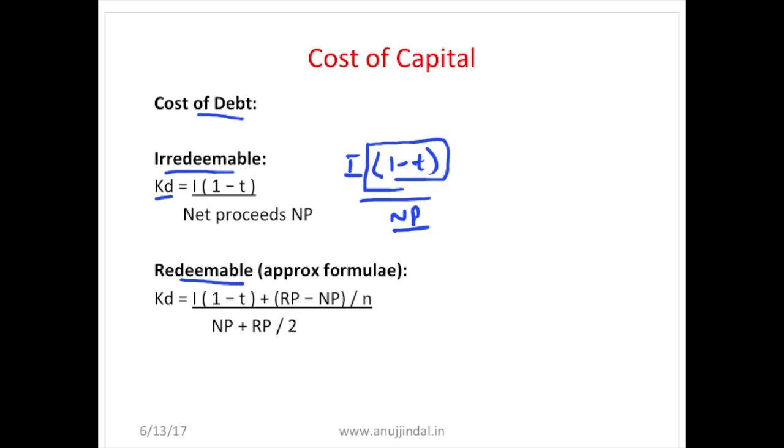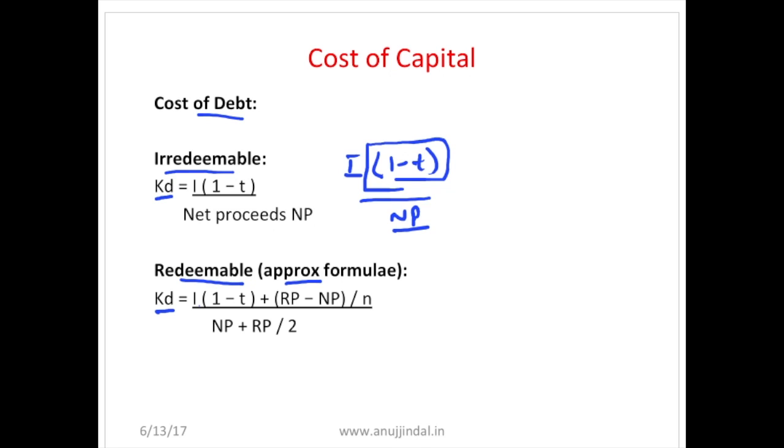Now let's come to the redeemable part of cost of debt. There's an approximate formula which gives you the approximate value of cost of debt. It is a shortcut, used to find a value near the exact value, so that you can get to the answer as fast as possible using the trial and error method.